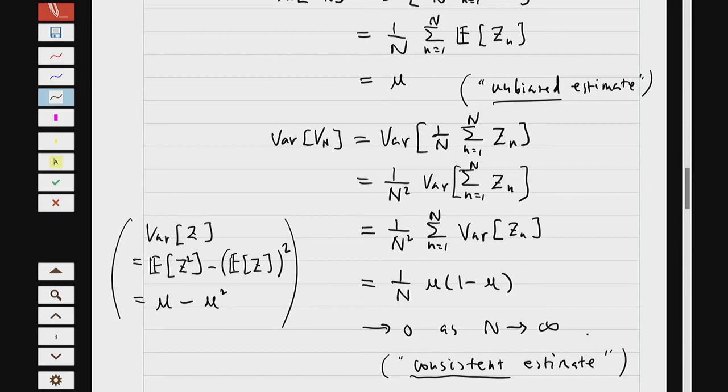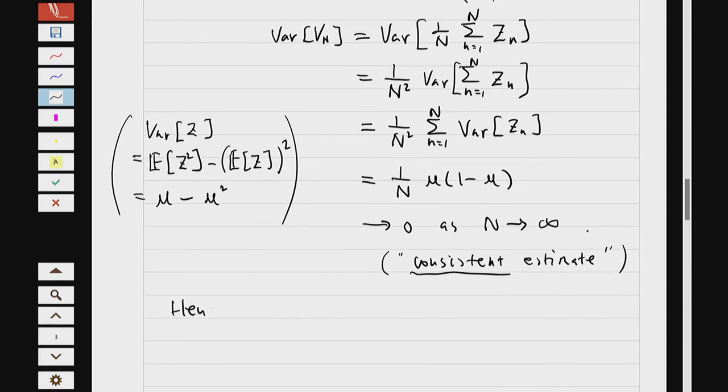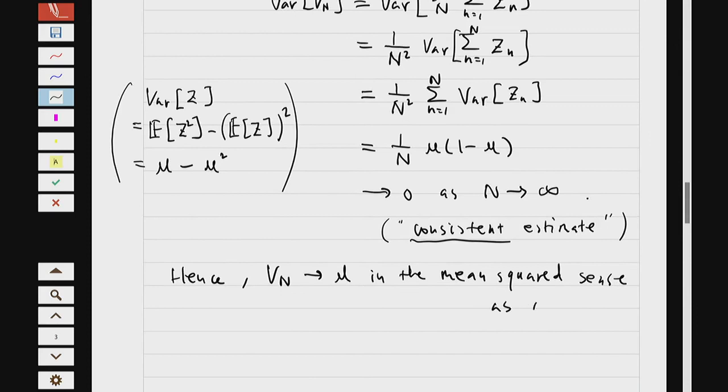And this is called convergence in the mean square sense. So we say hence Vn converges to mu in the mean squared sense, because the variance goes to 0 as n goes to infinity.